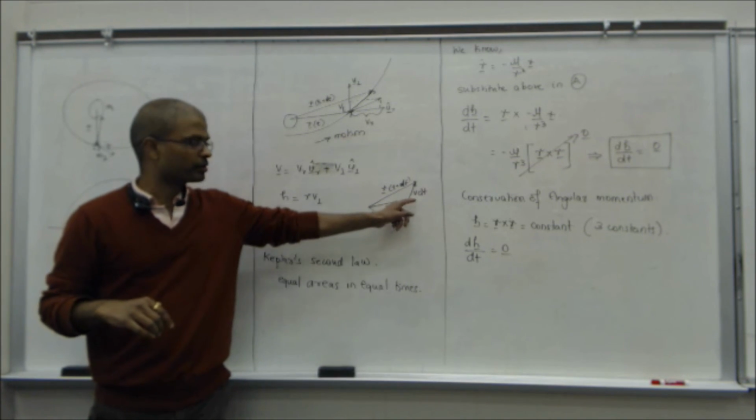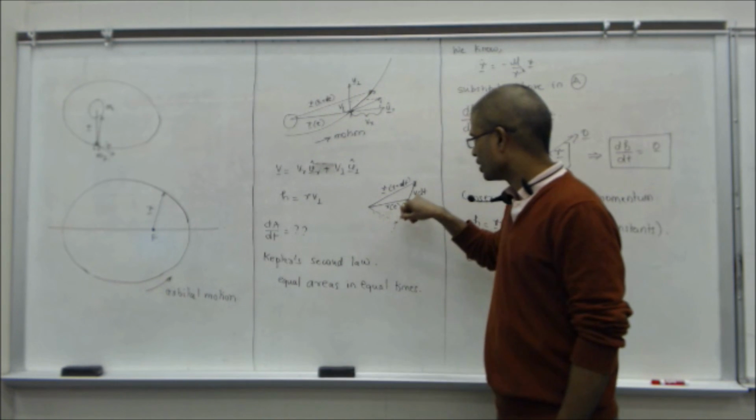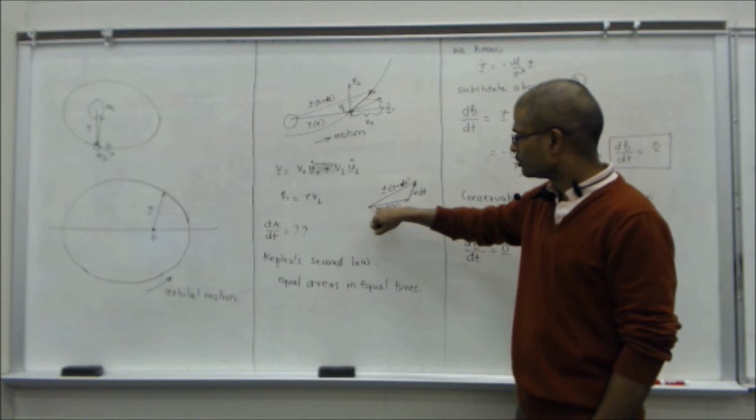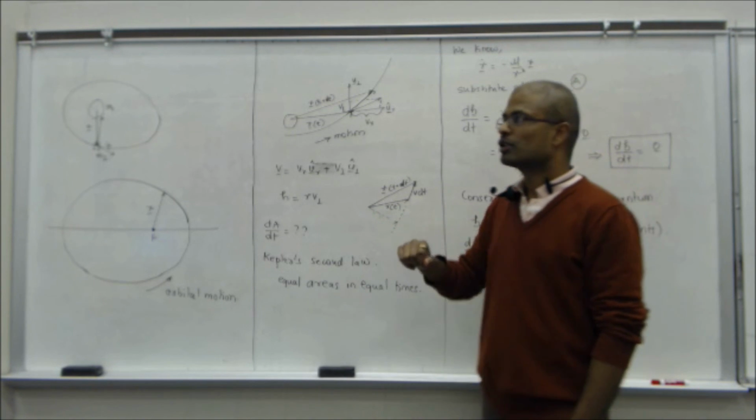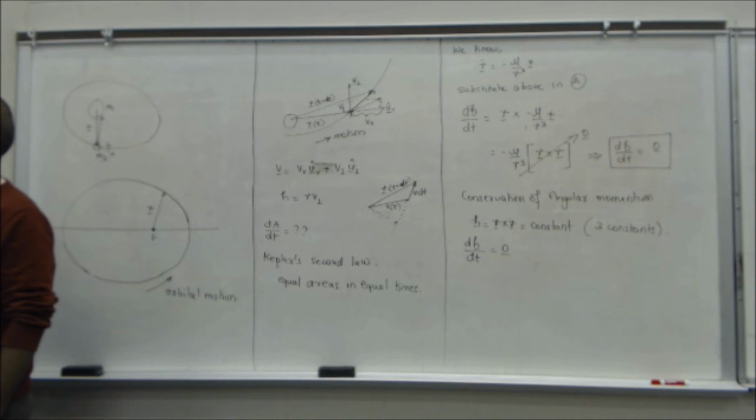Base would be V dt. This would be the base. Height would be this R at t. So if height is more, it has to cover the same amount of area, correct? If this is the base, this would be our height. Here this height is much less compared to this height.